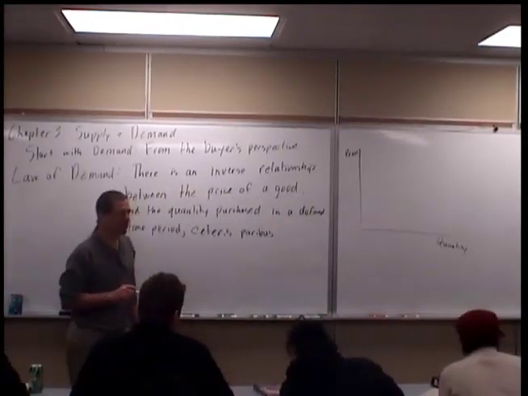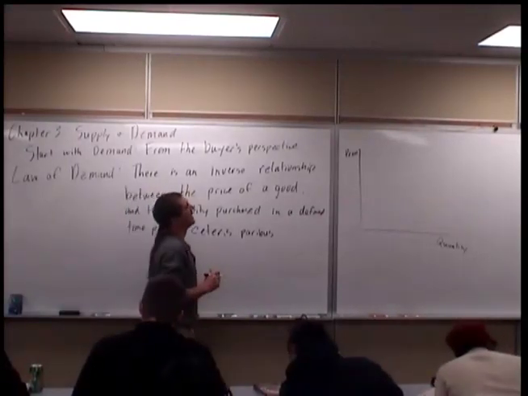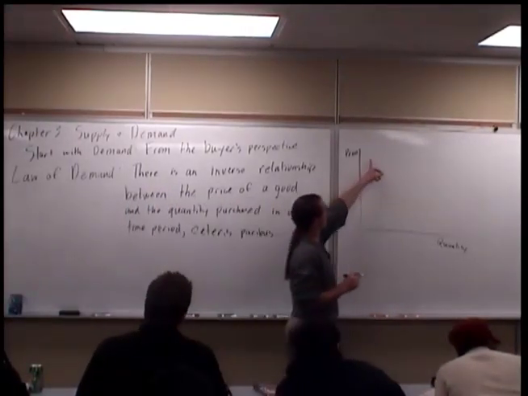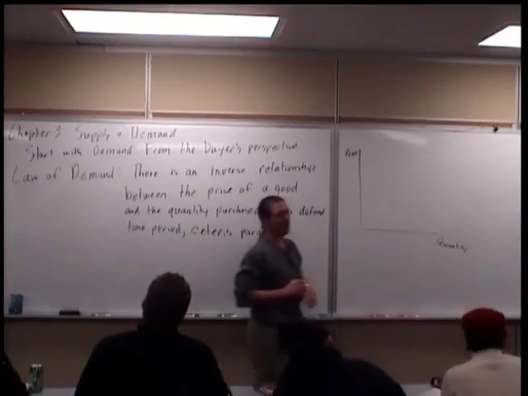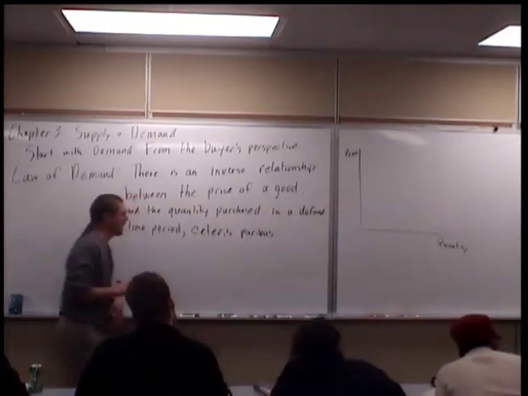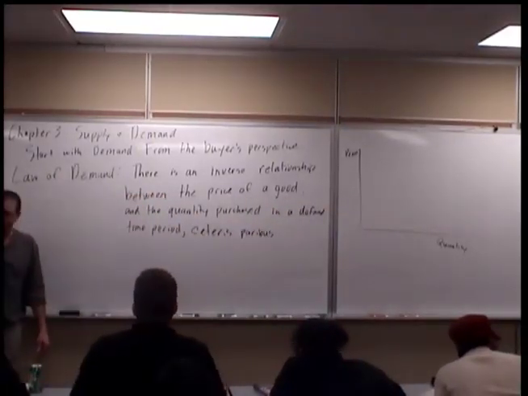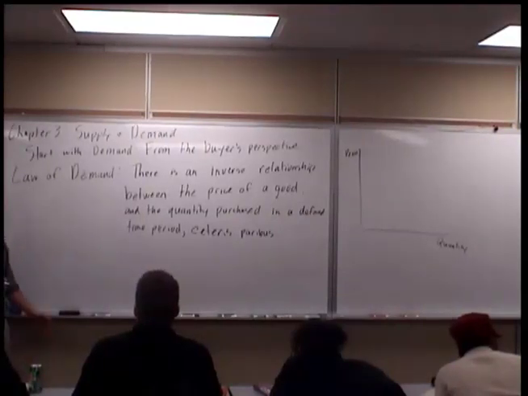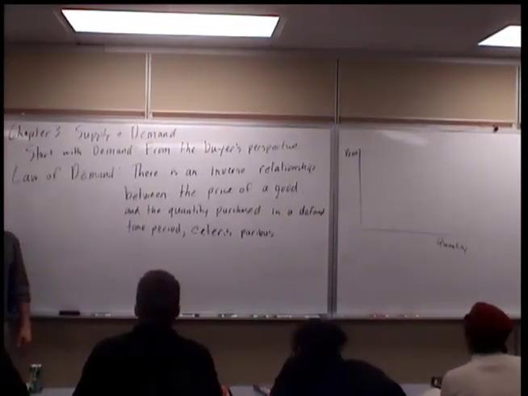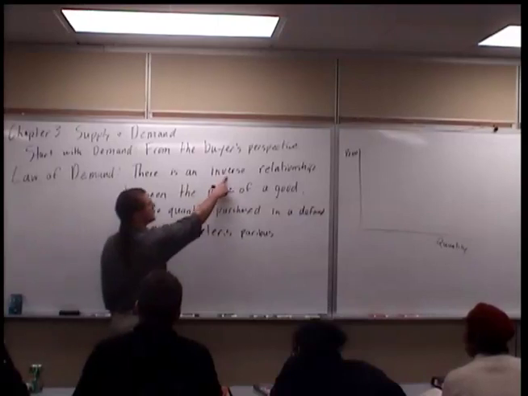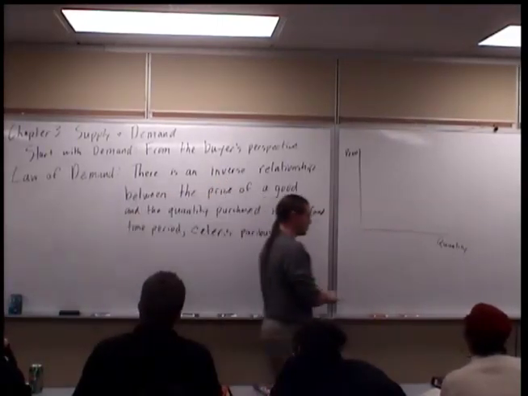So think P's and Q's all the time in this class. Now, if I wanted to draw a representation of the relationship between price and quantity, what kind of a line am I going to draw? A straight line, and which way is it going to go? Down, because it has an inverse relationship.